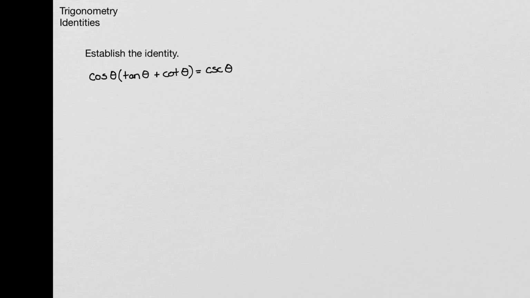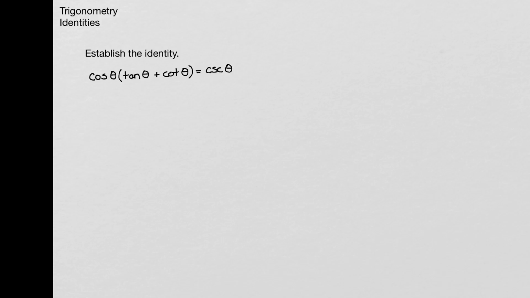You can't skip steps because it's the showing of the steps that's actually the answer, not cosecant theta, because you already know it's cosecant theta. It's kind of like spoiler alert. The answer is cosecant theta. So the steps are what you are graded on, not did you get to cosecant theta, although that's important too.